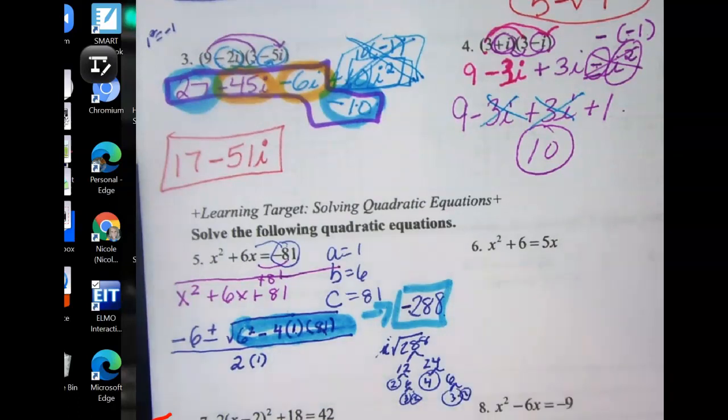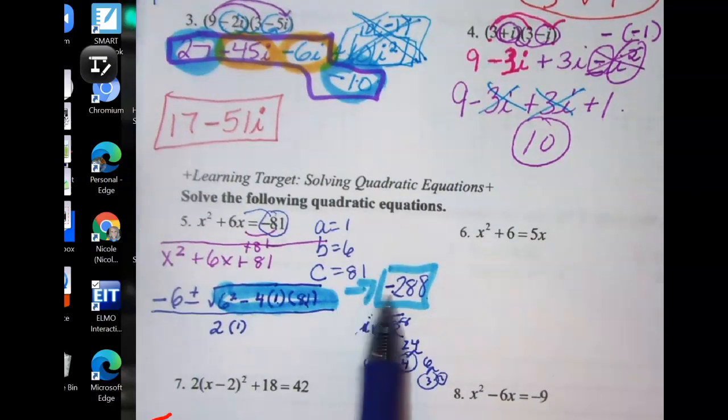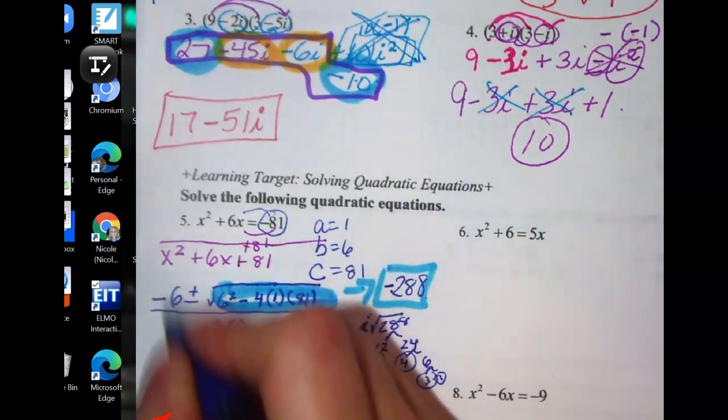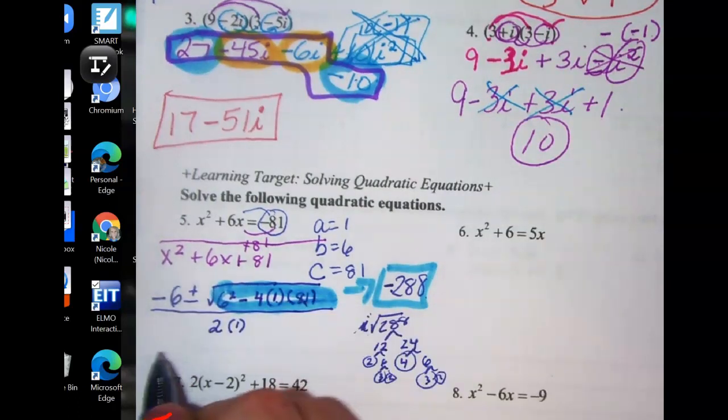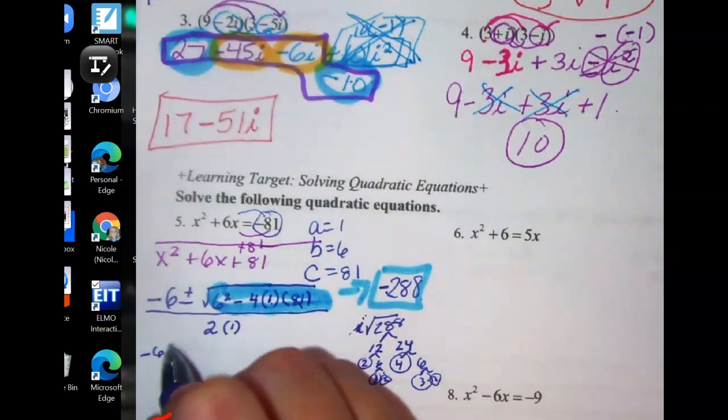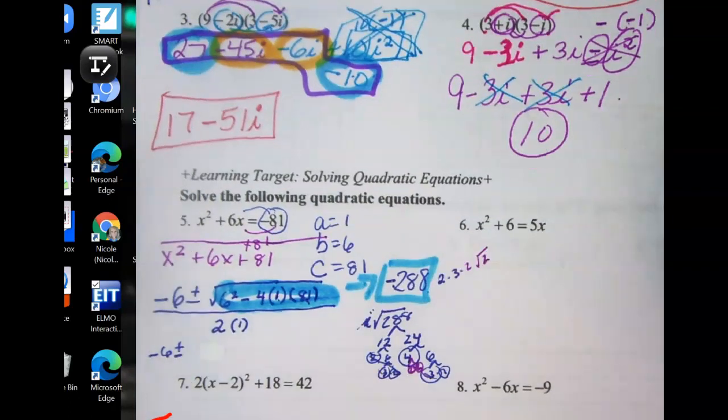So when I pull everything out, I'm going to rewrite this part because this is part of the answer, negative 6. And then I'm going to do the plus or minus. And then this is where we go back to this negative 288, which would have been under here.